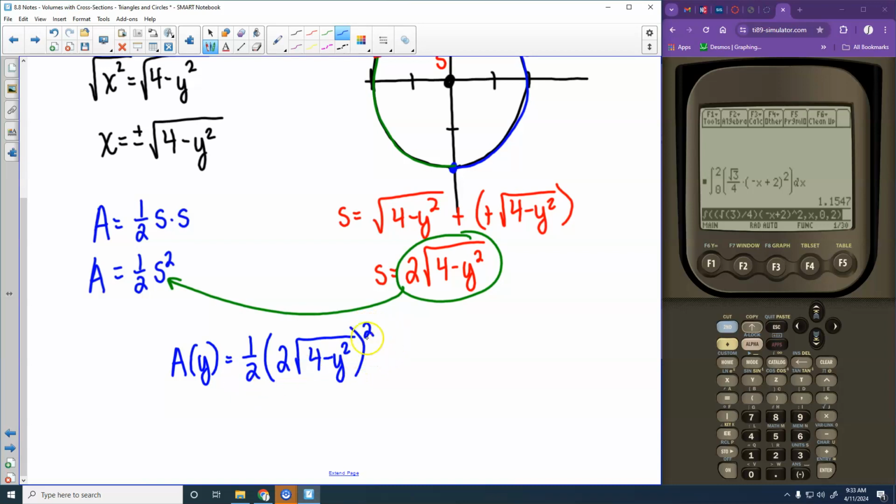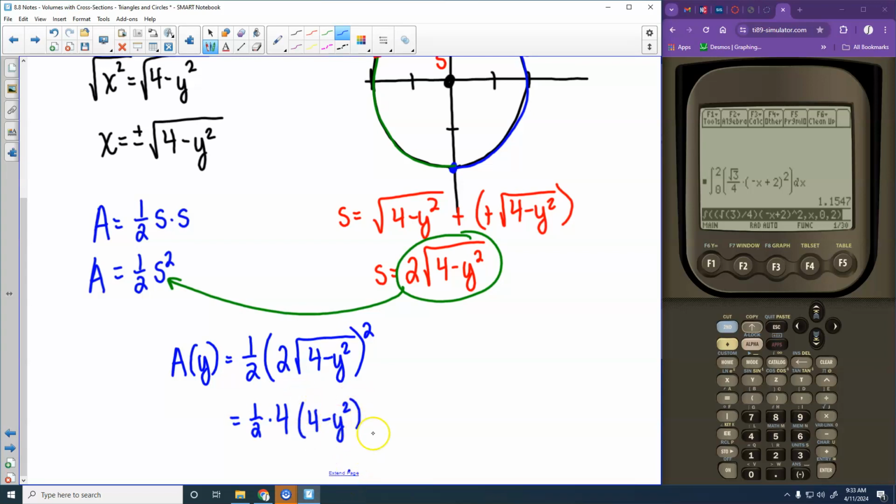Whenever we square this, we have to square both things that are in here. What happens when we square that 2? We get a 4. So we got 1/2 times 4. What happens when we square the square root? It goes away. So we just got 4 minus y squared.